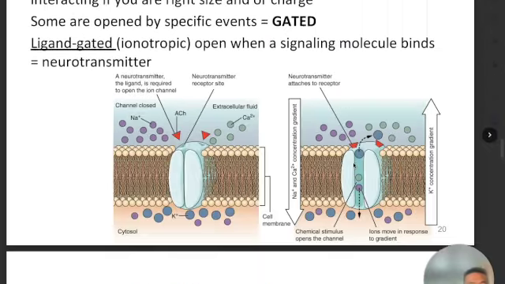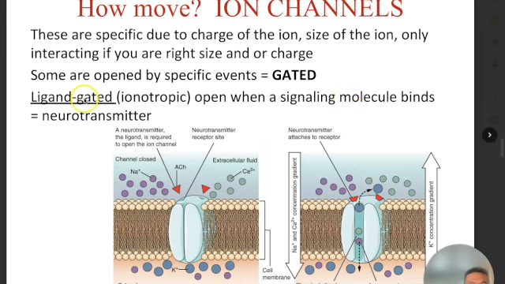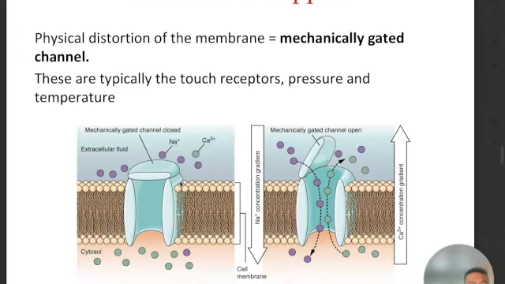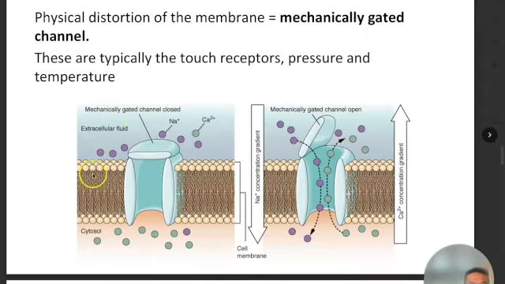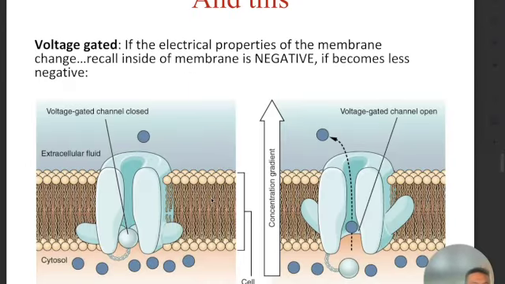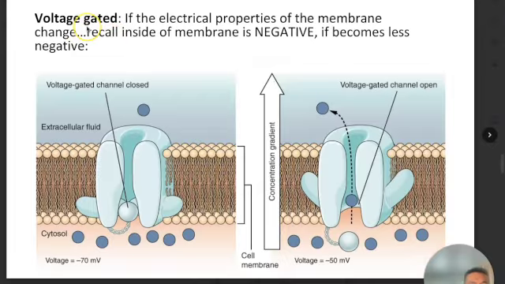Another type of gate, so this is called ligand gated, which means it needs a neurotransmitter. This is called a mechanically gated channel, typically a touch receptor, with pressure or temperature. It will change and open all these up. Here's that voltage gated I talked about.